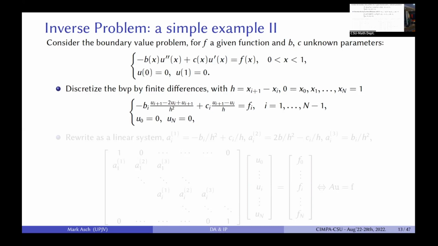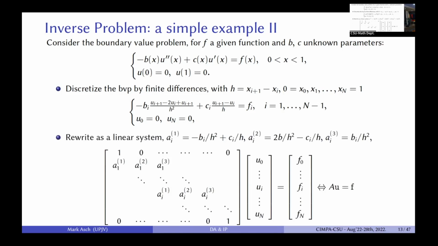If h went to 0, we would be in the continuous case, so we stay in the discrete case where h is some grid. So we can approximate the equation by this, and then it can be written as a linear system. So all of this equation becomes a linear system which needs to be solved. I can solve this system by inverting the matrix, and I can find the solution U, in principle. It's exactly equivalent to what we've all learned, AU equals F, and I want to find U.